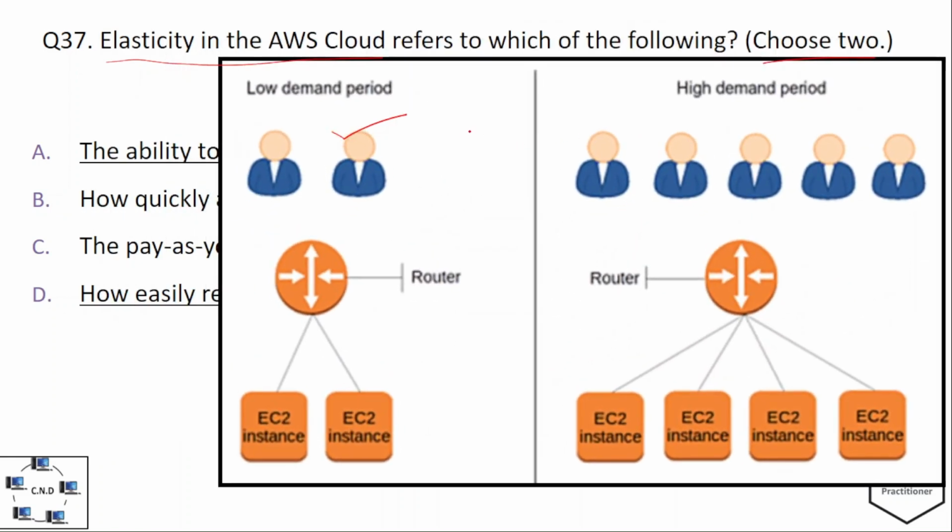As we already stated, elasticity basically refers to the increase or decrease in resources as per the user or traffic demand. So when the traffic is low, fewer resources are provisioned, and when the demand increases, so are the resources.